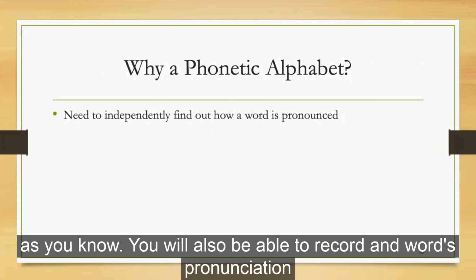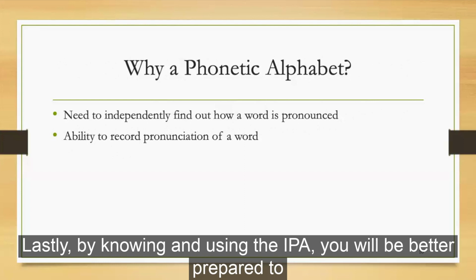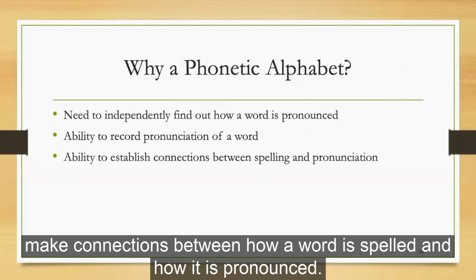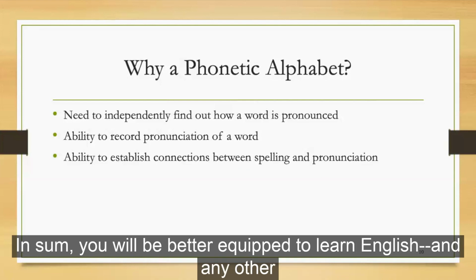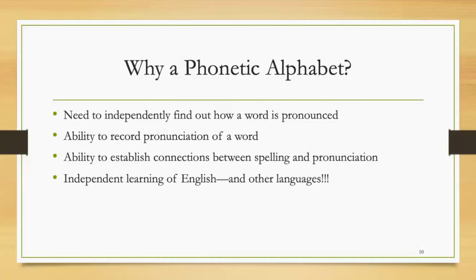You will also be able to record a word's pronunciation and practice it later. Lastly, by knowing and using the IPA, you will be better prepared to make connections between how a word is spelled and how it is pronounced. In sum, you will be better equipped to learn English and any other language and to help others do the same.